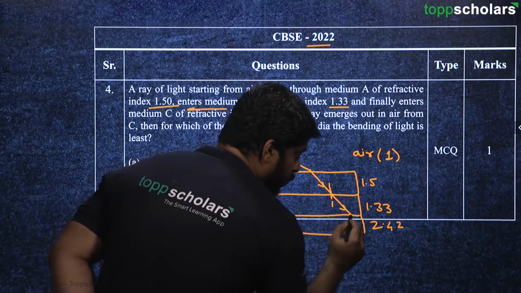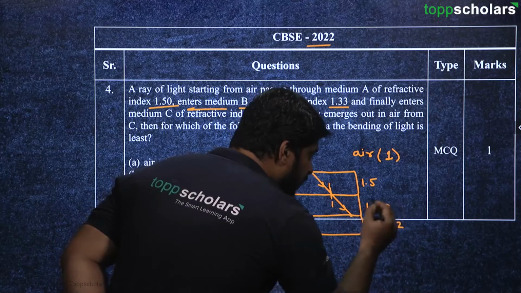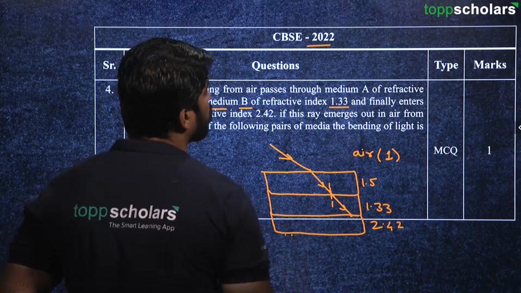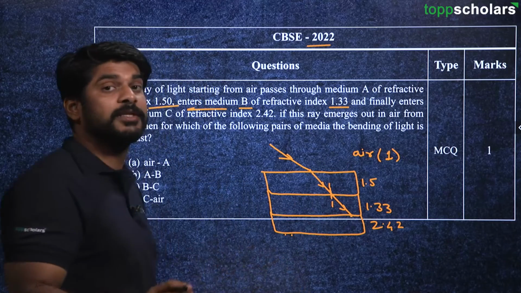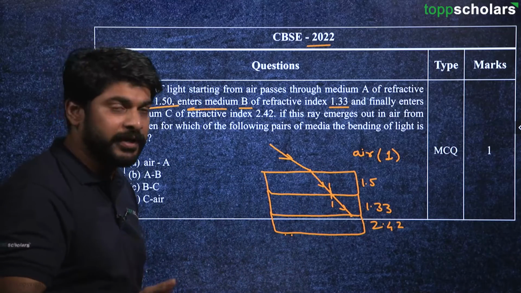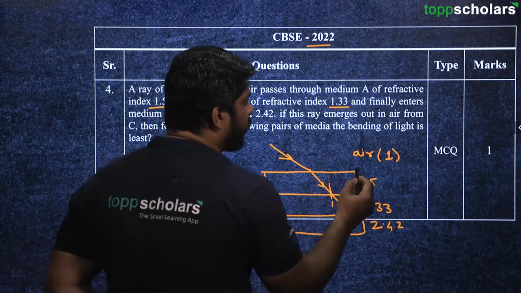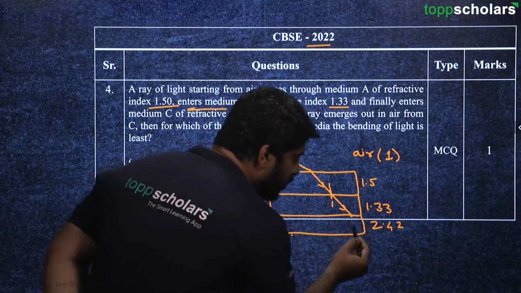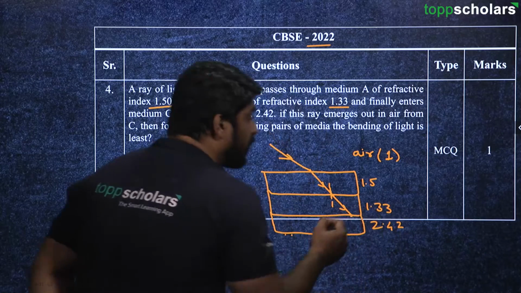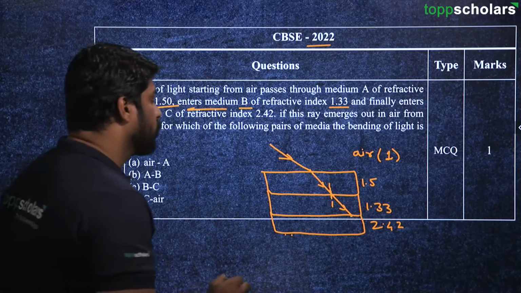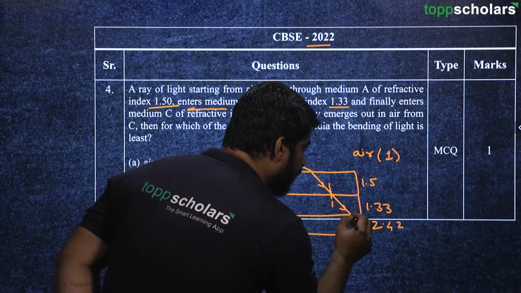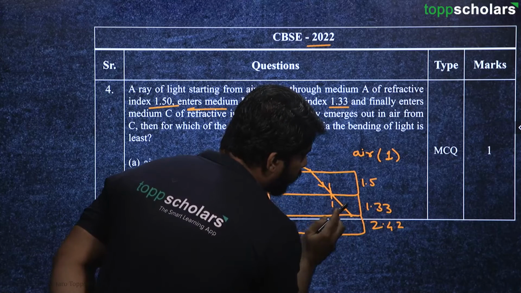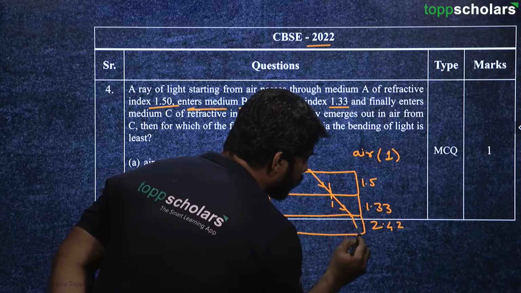So the difference in refractive indices, or we can say the ratio of refractive indices, which is called the relative refractive index, between these two media, especially over here, is quite large. So here the bending has to be much larger, and since it is traveling from rarer to denser, it will be bending towards the normal.